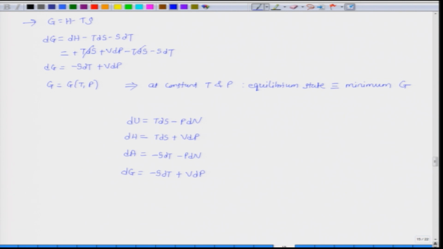Now, so far we have assumed constant composition throughout our analysis. We did not let the composition of the system change, but what if the composition changes? So, we know that all these state functions U, S, H, A, G, they are all extensive properties, which means they depend upon the size of the system.